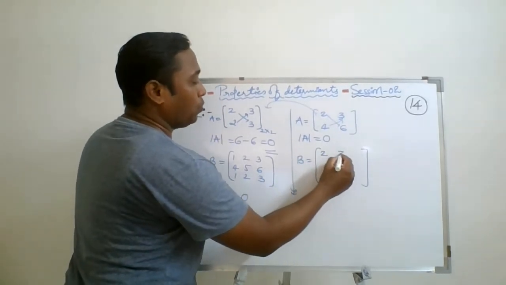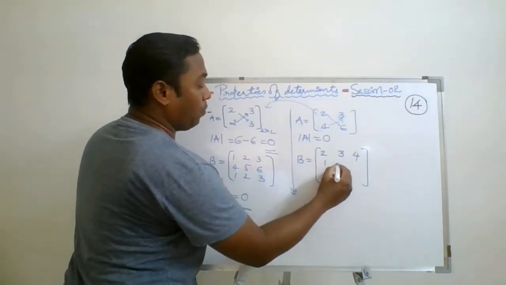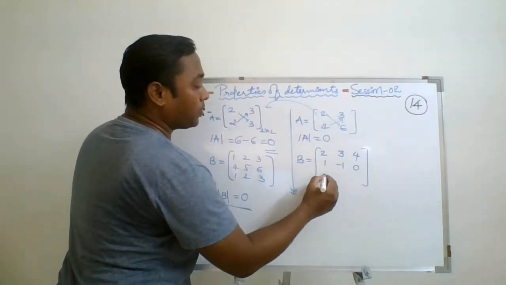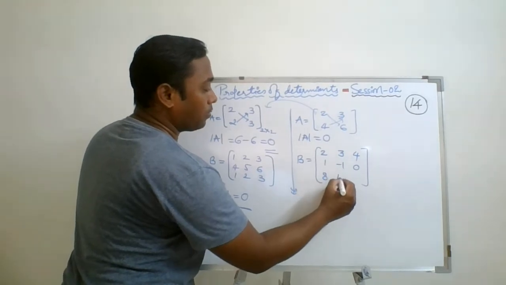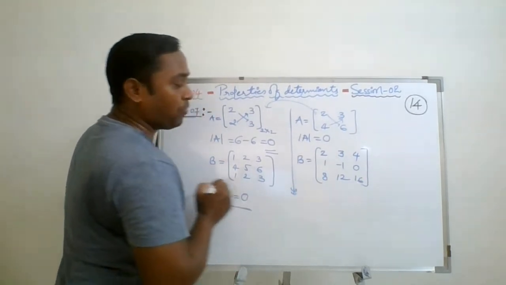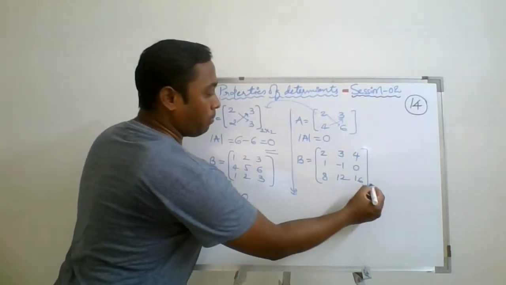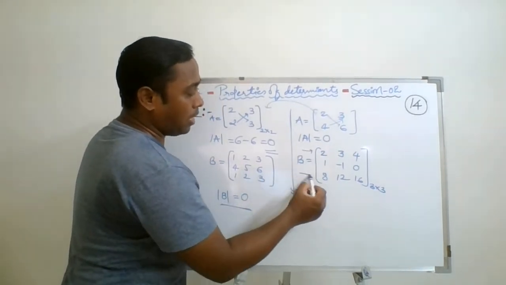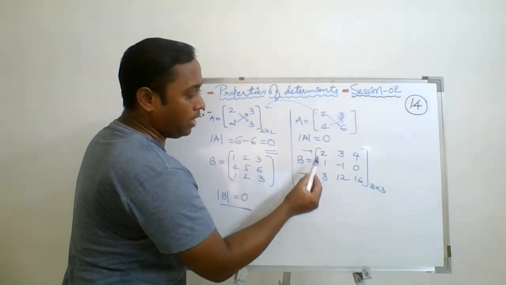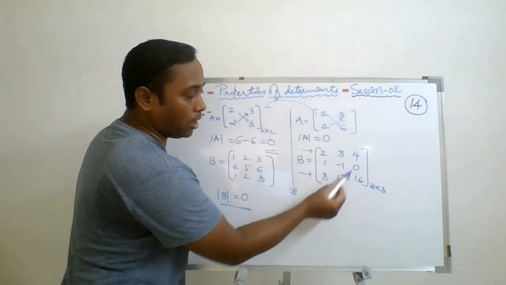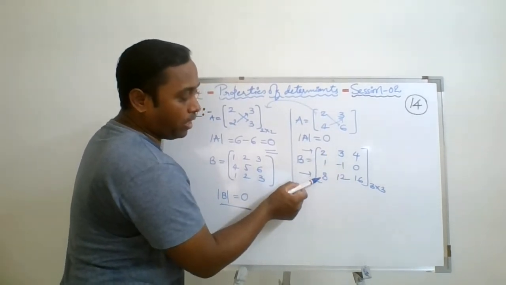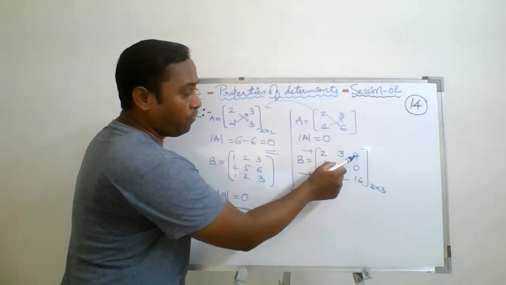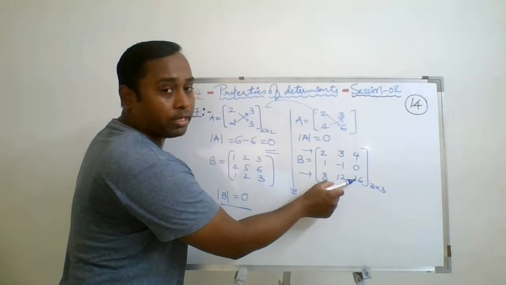I am taking 2, 3, 4, 1, minus 1, 0, and 8, 12 and 16. If you observe this 3 by 3 square matrix, the row 1 elements and row 3 elements, R1 and R3, are proportional. 2 by 8 will give 1 by 4, 3 by 12 is 1 by 4, 4 by 16 is 1 by 4.